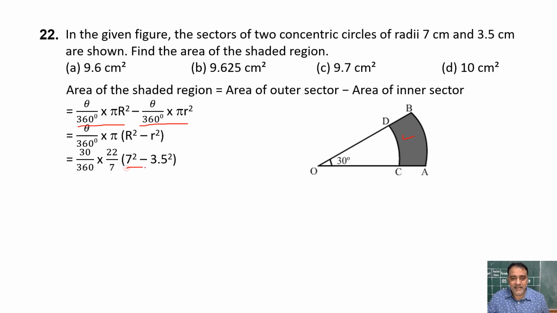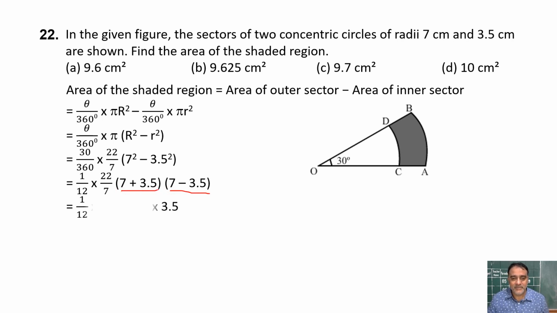So again here we are using a plus b into a minus b form, right? और इसको हम लोग कैंसिल कर सकते हैं 1/12. So 1/12 into 22/7 into 7 plus 3.5 into 7 minus 3.5. So this will become 3.5 and this will become 10.5. अभी 10.5 को हम लोग 21/2 लिख लेंगे और 3.5 को 7/2. थोड़ा कैलकुलेशन इजी हो जाएगा.